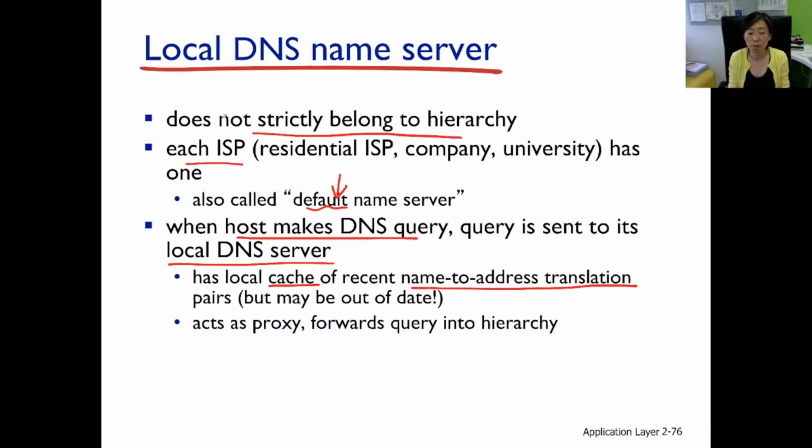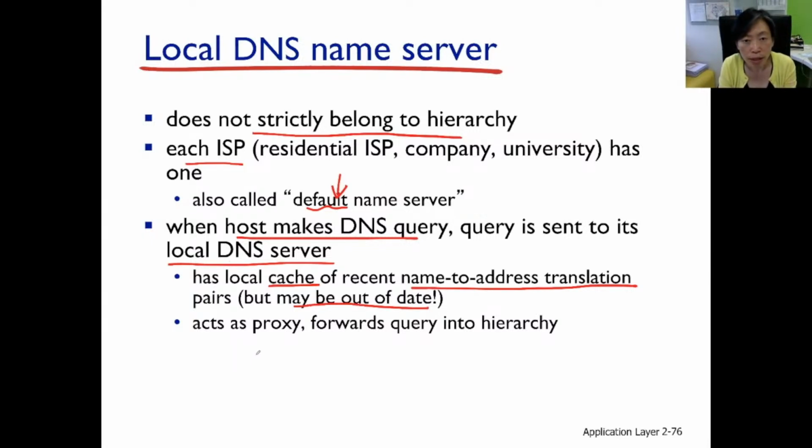And this is for the benefit that if the client is looking for the same name IP mapping again, then it's conveniently already cached in the local DNS server, avoiding going all the way to the hierarchy. So nice. But be careful. These entries could sometimes go out of date. So while these entries are cached locally on the local DNS server, the entry might have been changed in the authoritative DNS servers. Okay, although very rare, there's a chance.